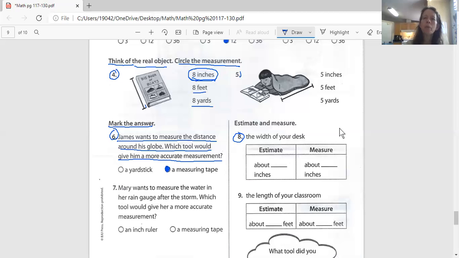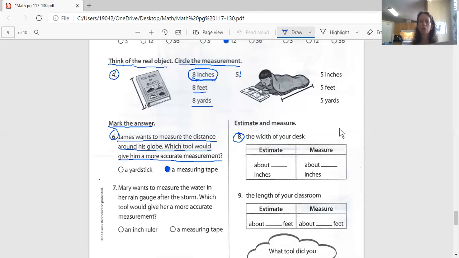And we're going to measure the width of our desk. Okay. How wide would be this way, do you think our desk is? And we'll do an exact measurement when we get back to the classroom. But it's asking us in inches.